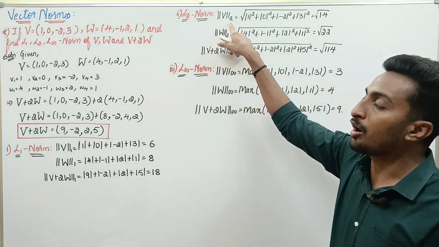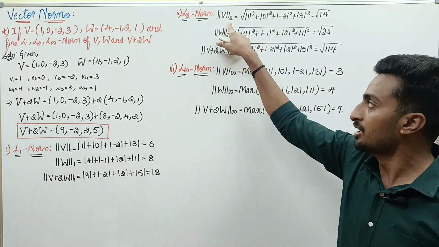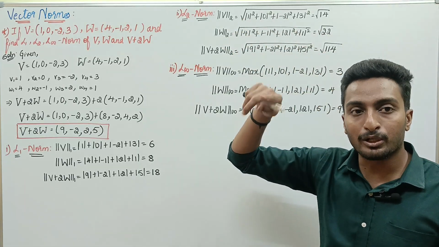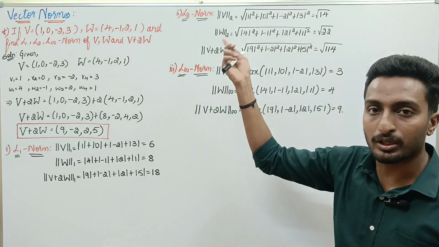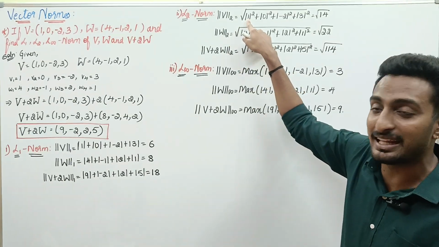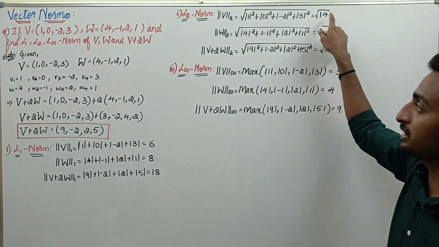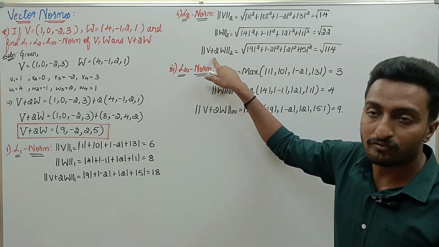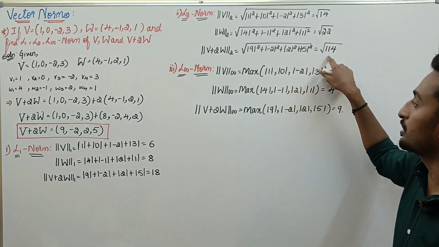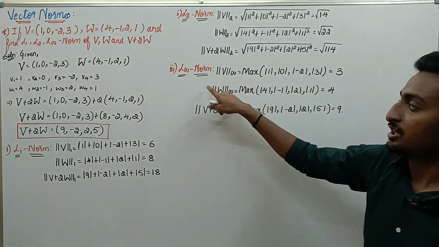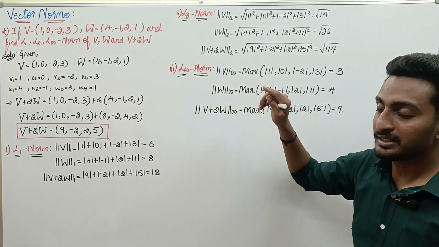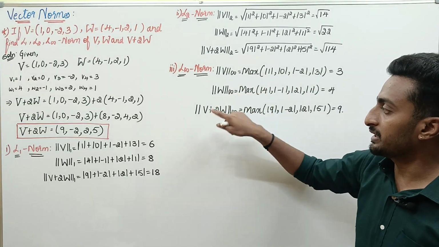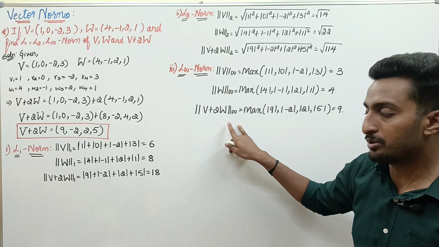Similarly, let us go with the L2 norm. In this L2 norm we represent the given vector with respect to norm V2, where you are supposed to square the given elements and take the square root. Then you get square root of 14, norm W2 you get root 22, and norm V plus 2W2 you get square root of 114. Next, the L infinity norm: norm V infinity, norm W infinity, and norm V plus 2W infinity.